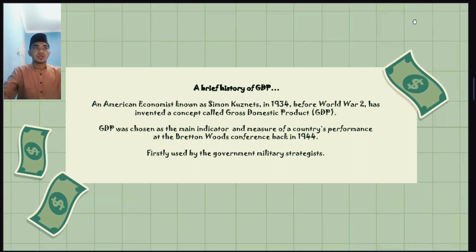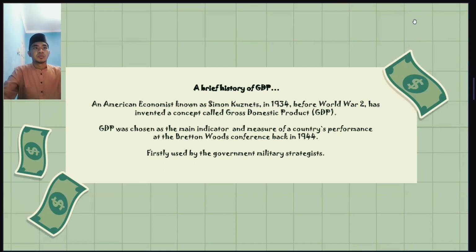So what is gross domestic product? Gross means the product is counted regardless of its subsequent use. For example, a product can be used for consumption or investment and will still be counted in the total value.